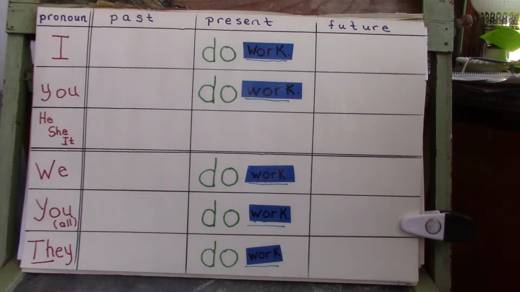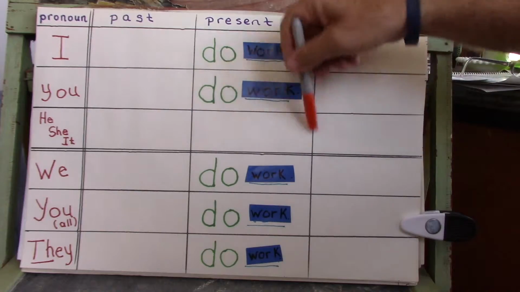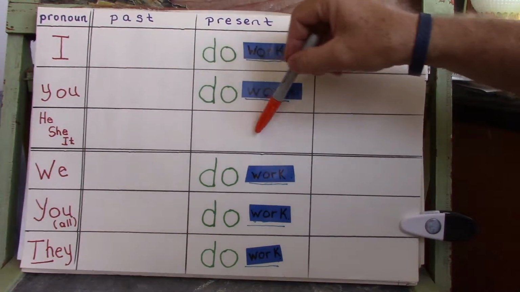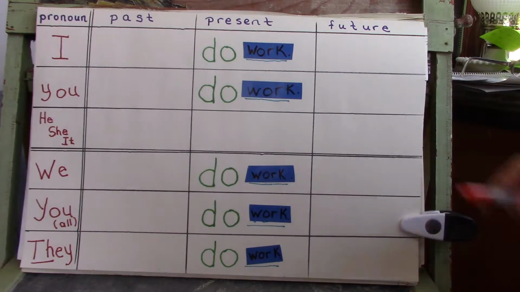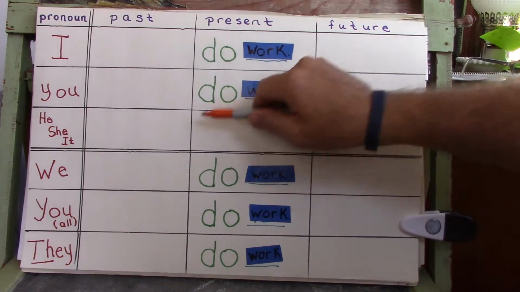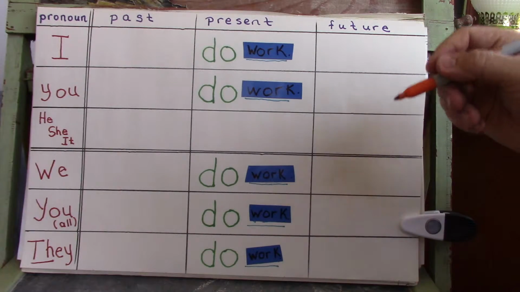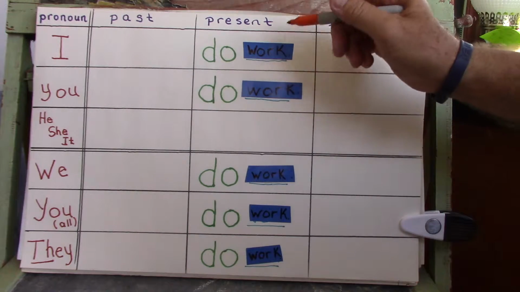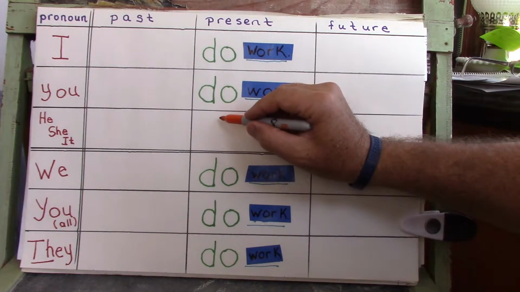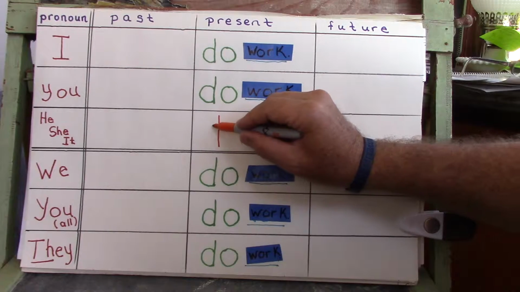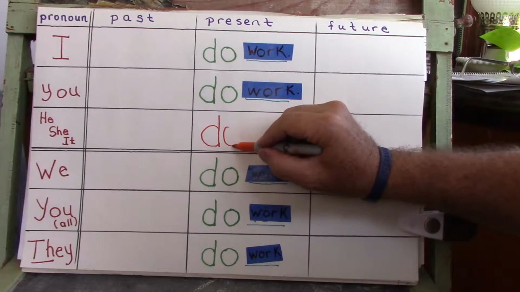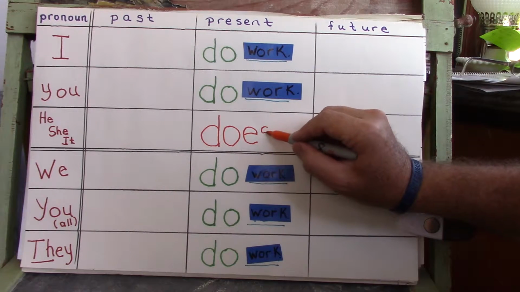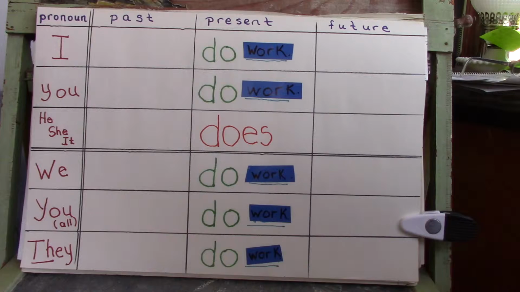Alright, now you notice I left this space blank for he, she, and it, third person singular. This is the only complicated conjugation in English with the auxiliar do. In this case we use a little different auxiliar and we say does. Written like this, D-O-E-S.